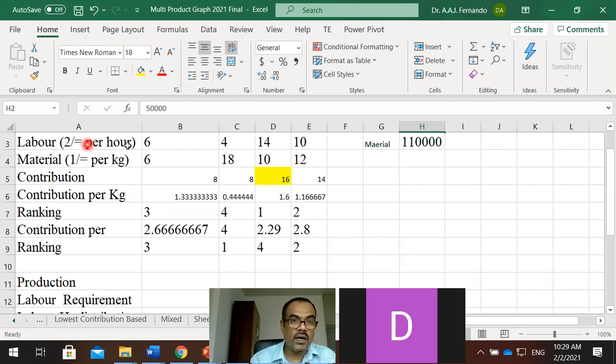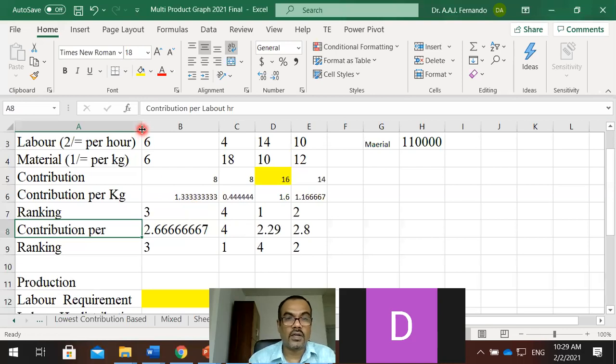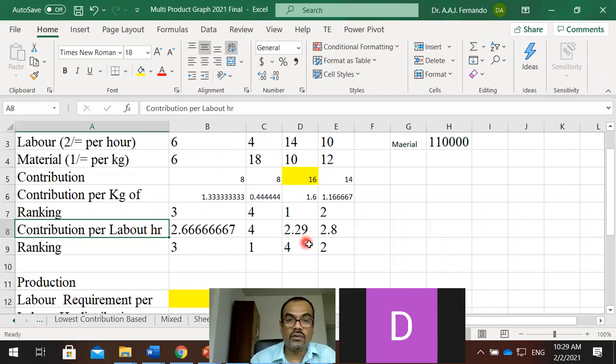One unit is 2, therefore 6 divided by 2 is 3. It is clear. Likewise, this is 2, this is 7, this is 5. Now what you are supposed to do is calculate the contribution per labor hour. How do we do it?